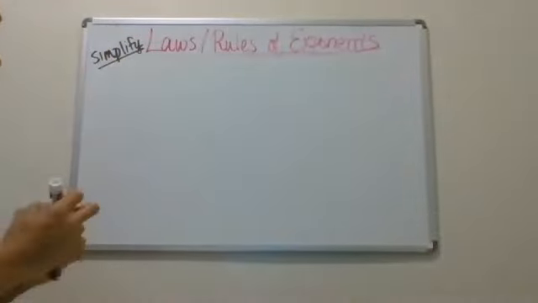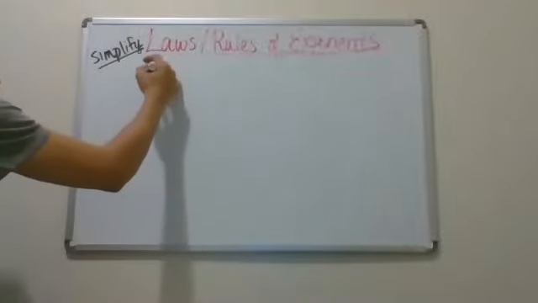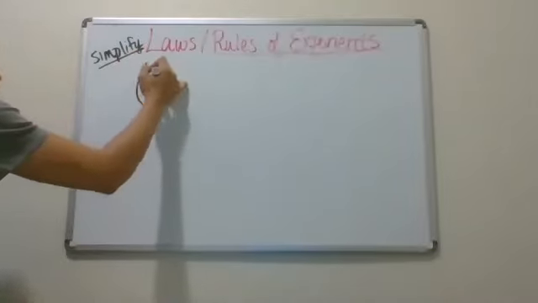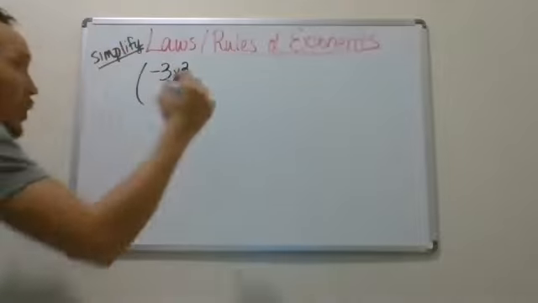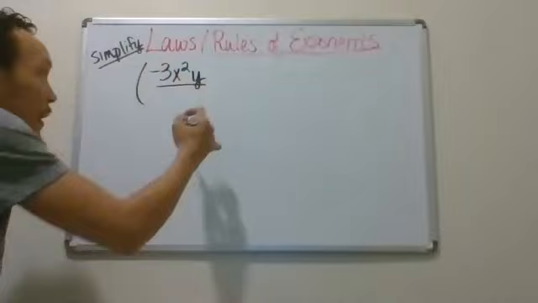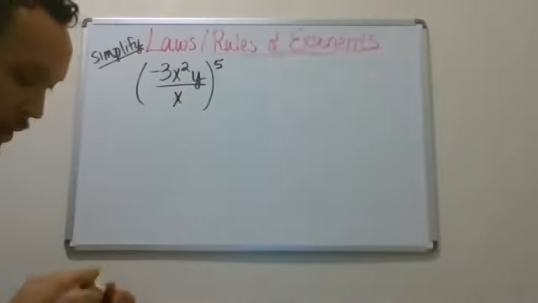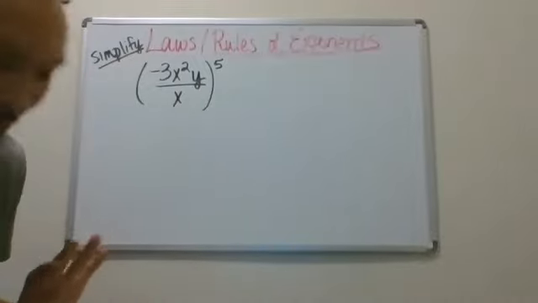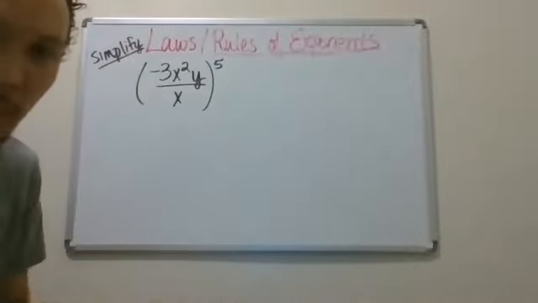So this example is to simplify negative 3x squared times y divided by x, all raised to the 5th power. Okay, so this would be a test question, right? This is beautiful. We have everything that's necessary to be successful here.